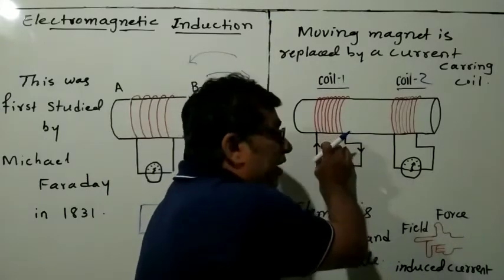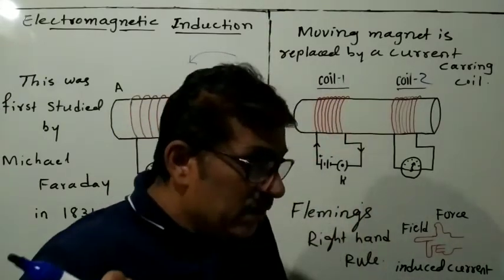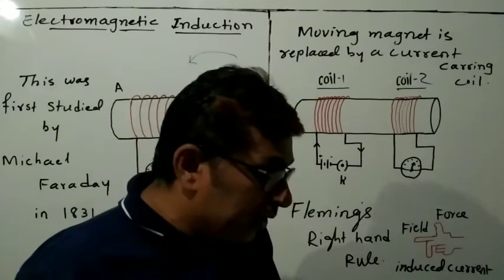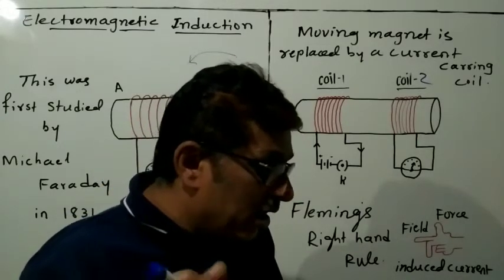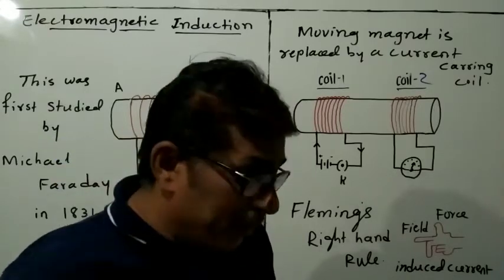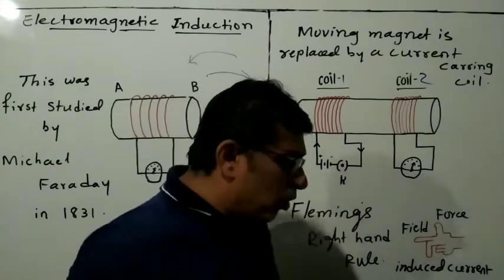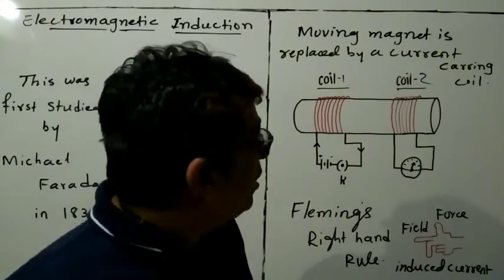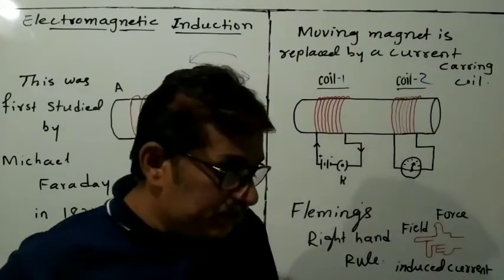When the current in coil 1 is changing, either starting or stopping, coil 1 is called the primary coil, and the second coil is called the secondary coil.